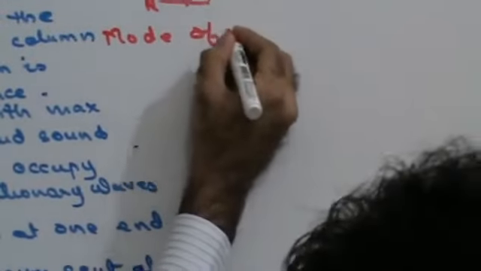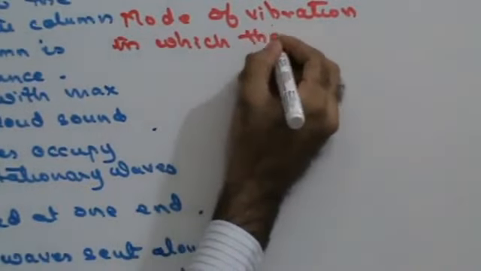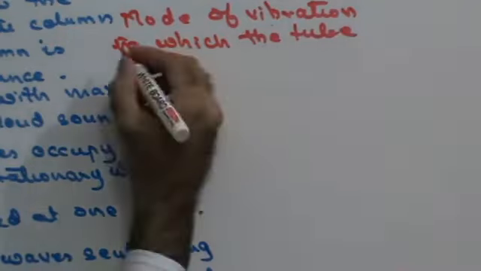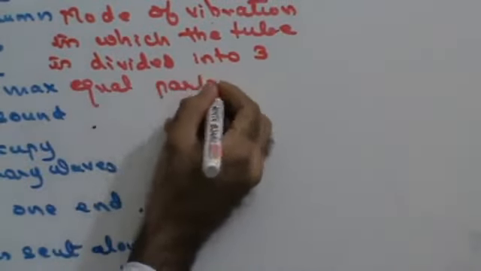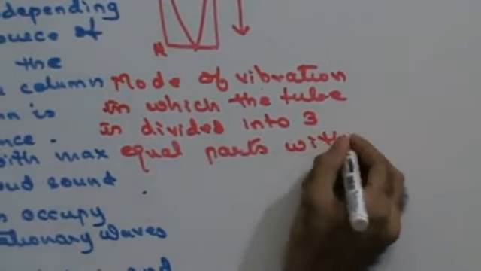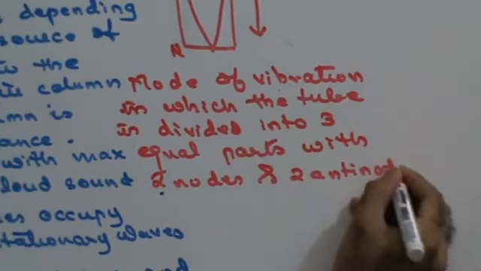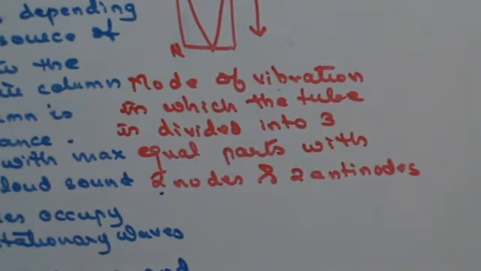Let's consider a mode of vibration in which the tube is divided into three equal parts, with two nodes and two antinodes, which are alternately produced.